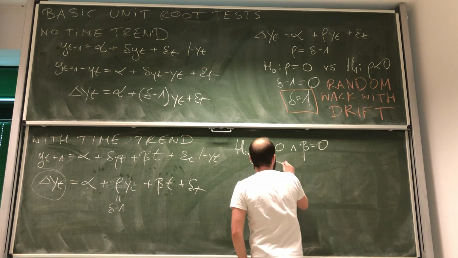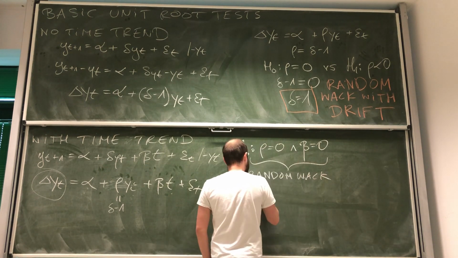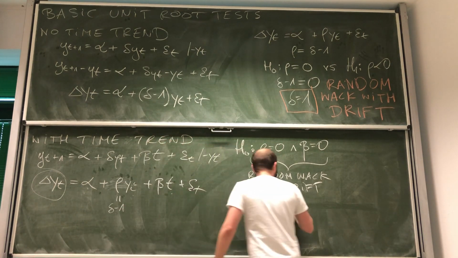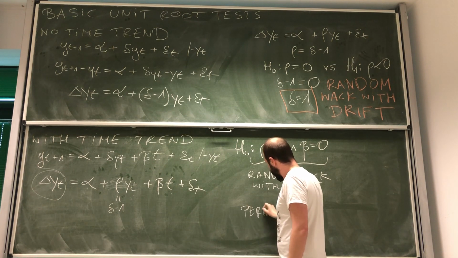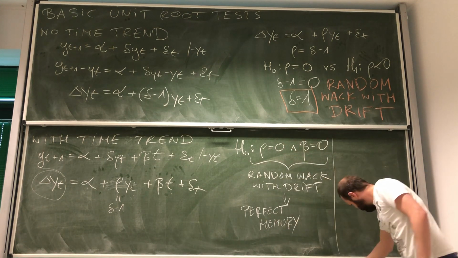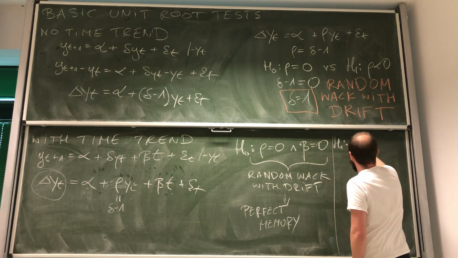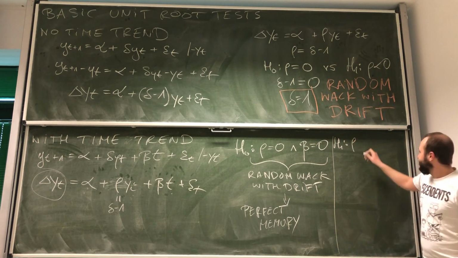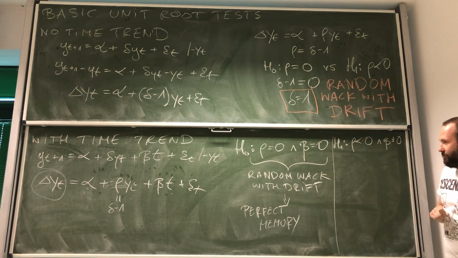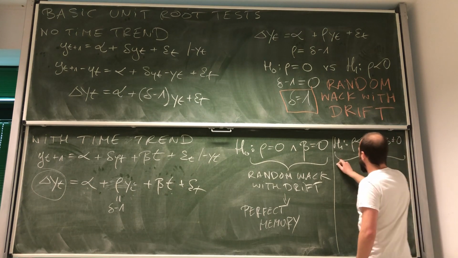So here we are testing the hypothesis whether this is a random walk. Otherwise, if beta is different than 0, what do we have then? Then we have a trend-stationary process.